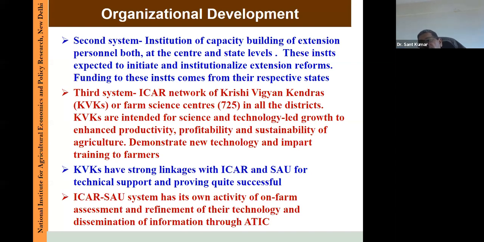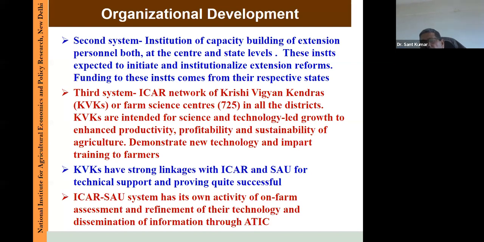presently 725 in number. In almost all the districts, we have a Krishi Vigyan Kendra. In some districts, we have more than one also. They are intended for science and technology led agricultural growth for enhancing the productivity, profitability, and sustainability of agriculture.